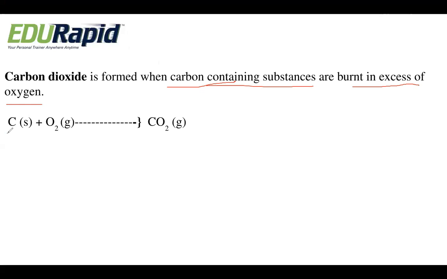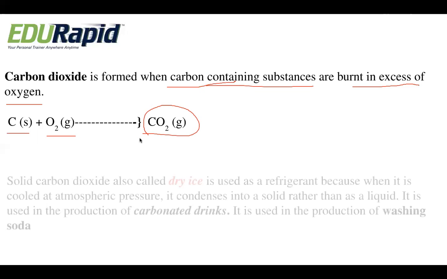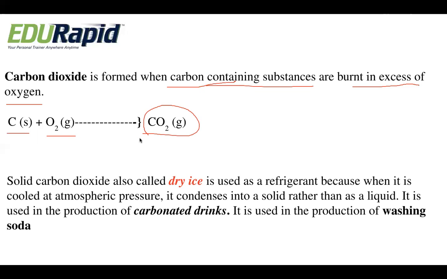When carbon combines with oxygen, and here the oxygen is in excess, it results in the formation of the product carbon dioxide. So this is how we can prepare the two oxides of carbon, carbon monoxide and carbon dioxide.